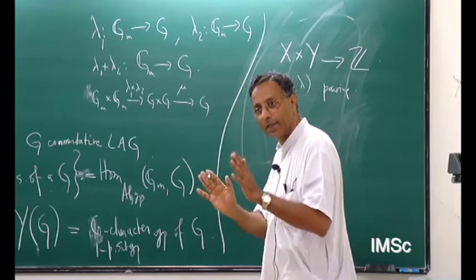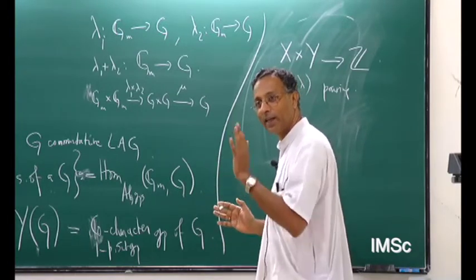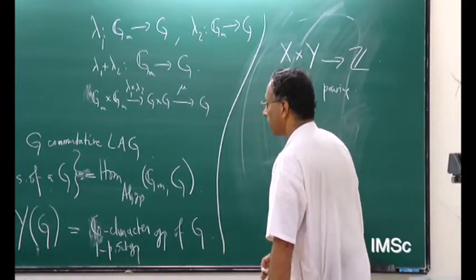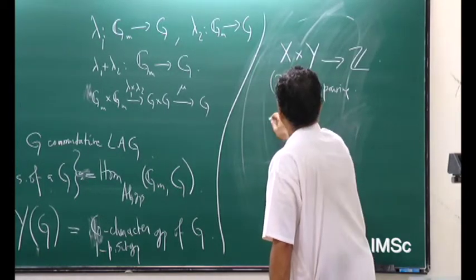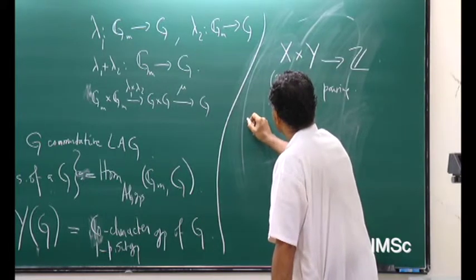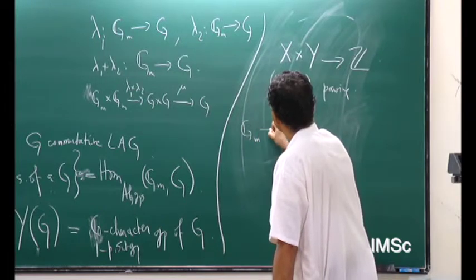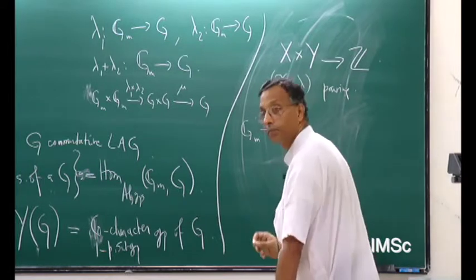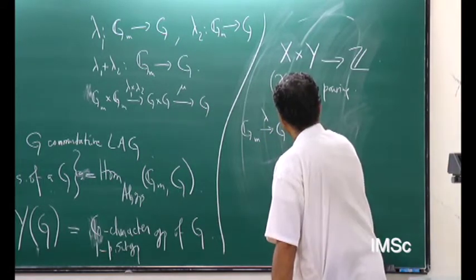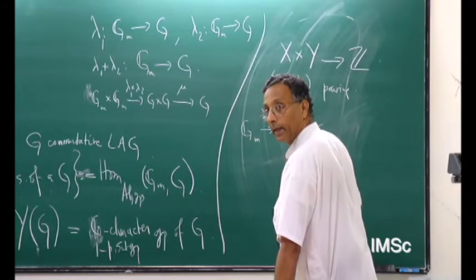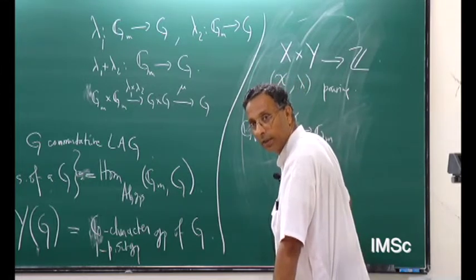So when you write lambda, it means one parameter subgroup. When you write chi, that means a character. You should get used to that notation. So lambda goes from Gm to G, and chi goes from G to Gm. So finally I get a homomorphism from Gm to Gm.